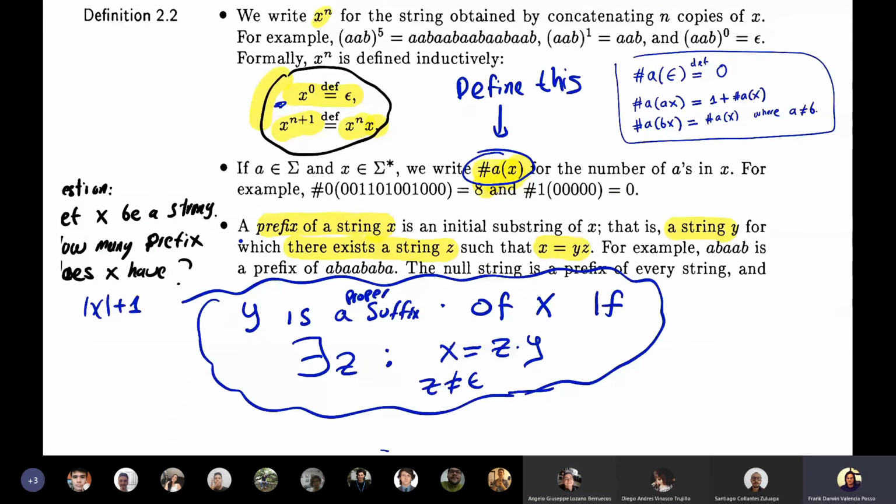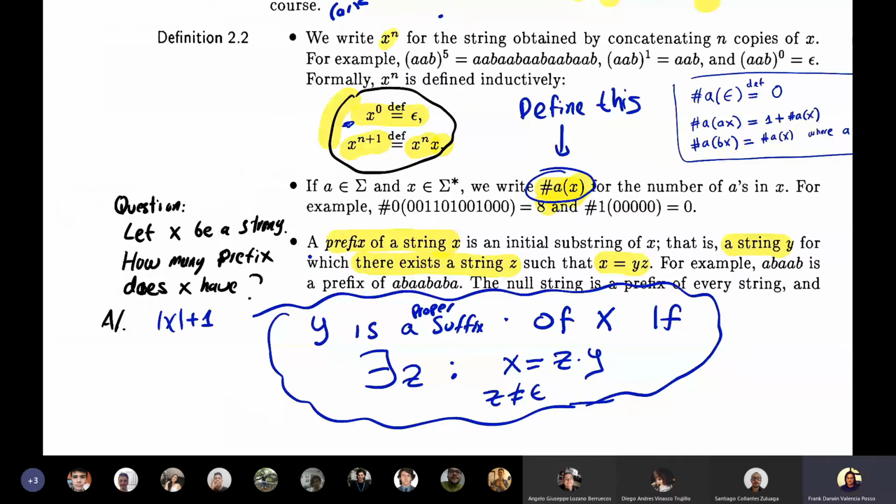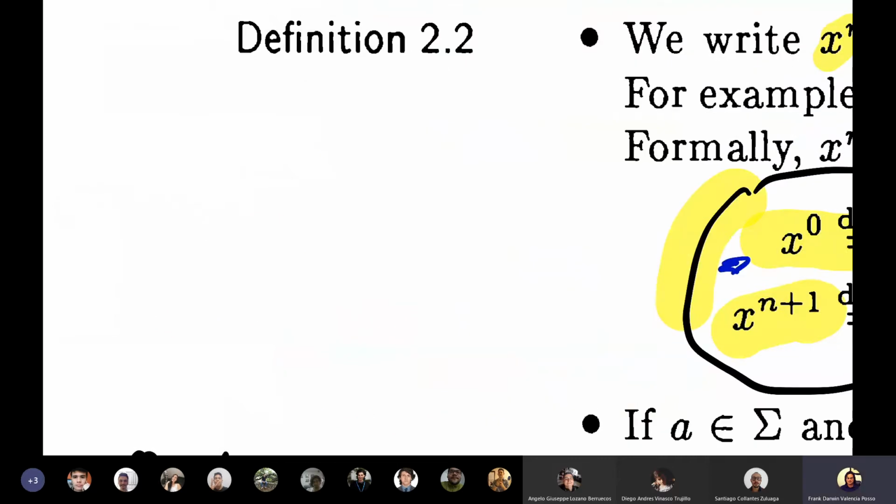So Angelo, basically you say y is a prefix of x if there exists, I suppose you already saw logic.